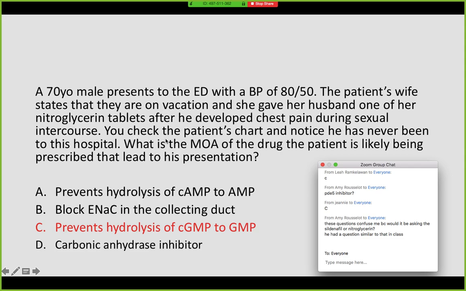So the fact that the stem scenario is talking about intercourse should tip you off that he may be taking something to help him get an erection so they can have intercourse. And also his age too.